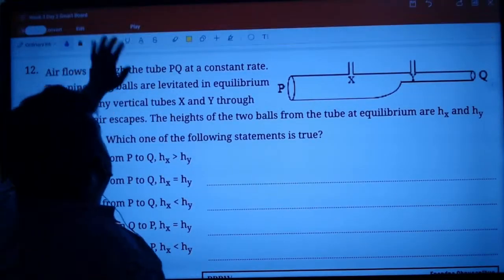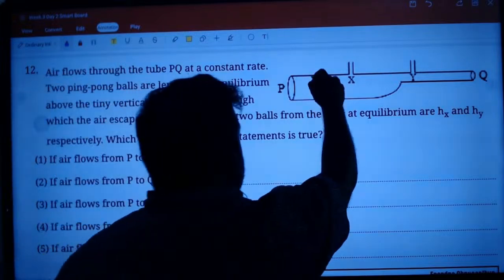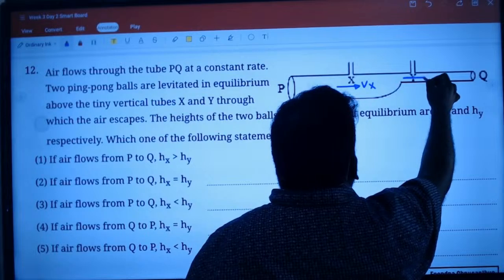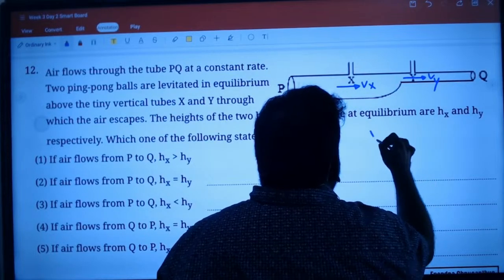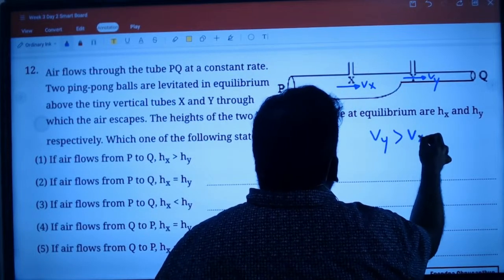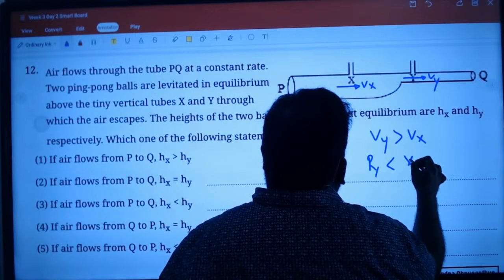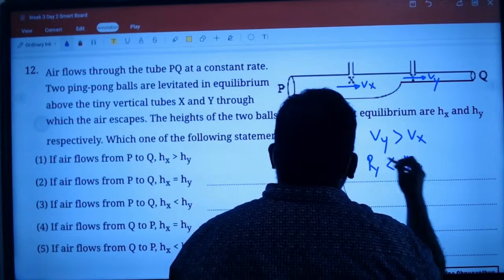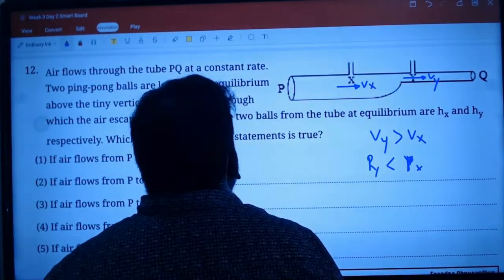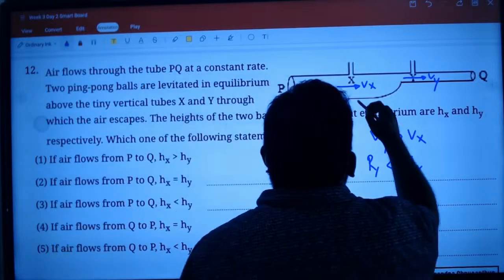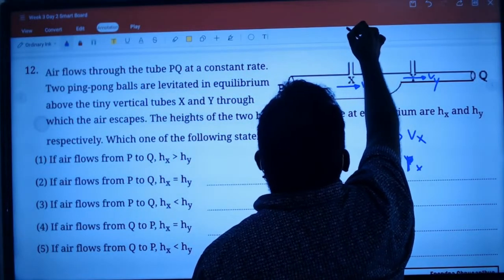This one. Air flows through. Now here, large area, low velocity. Small area, high velocity. Velocity of Y is greater than velocity of X. Pressure of Y is less than pressure of X. So when air is going from P to Q, larger pressure means greater height for the ping pong ball.